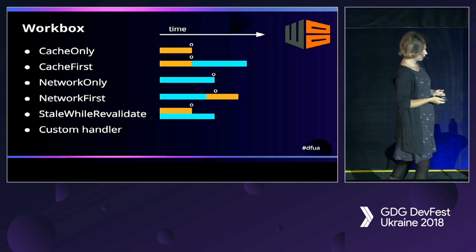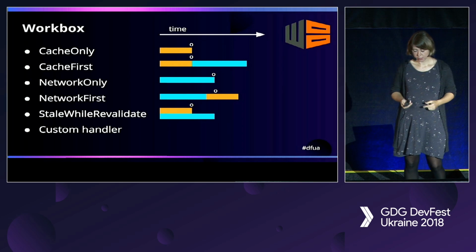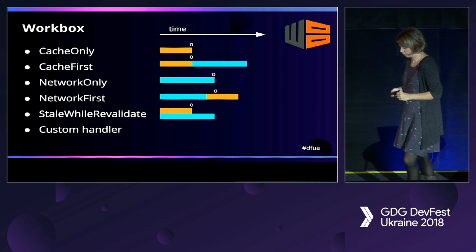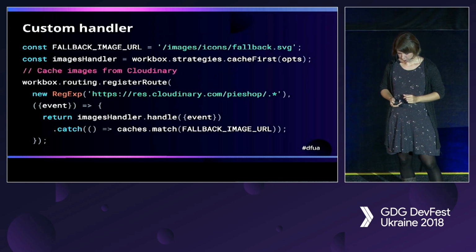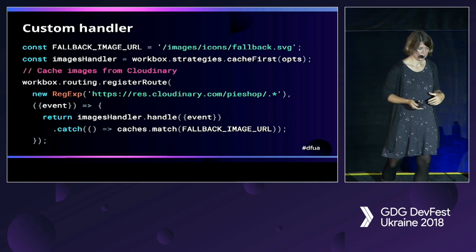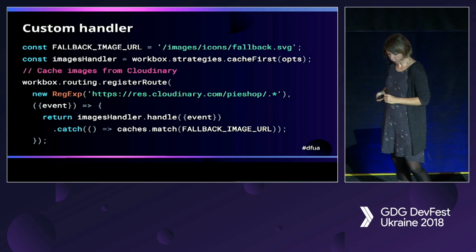And then, of course, even in Workbox, it's possible to write your own handler, combining different strategies into whatever flow you find reasonable for your users. Here's an example of a custom handler that was used on this page to serve custom images.